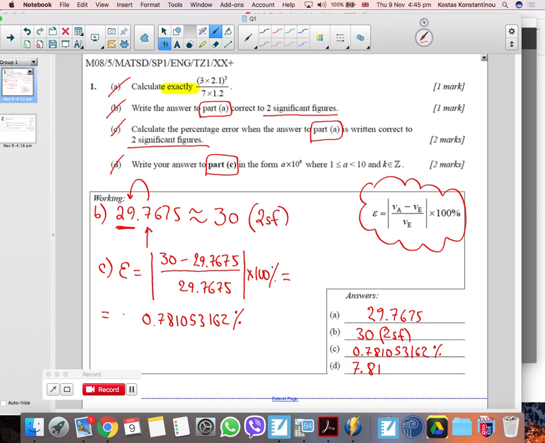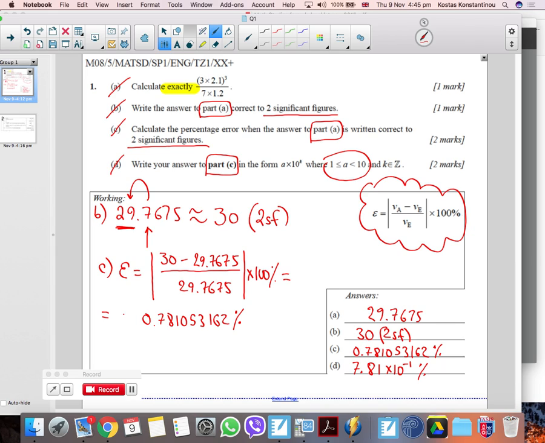I'm not going to write everything, even though I could. I'm just going to round to 3 significant figures times 10 to the negative 1. Since I moved 1 place to the right, my decimal point, I have to correct it by taking a 0 to the left, so making it 10 to the minus 1, and I don't forget my percentage. And yes, I'm checking 7.81 is between 1 and 10, and everything is great.